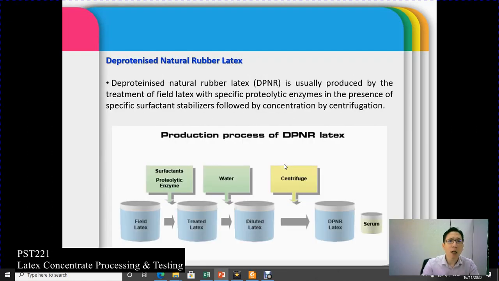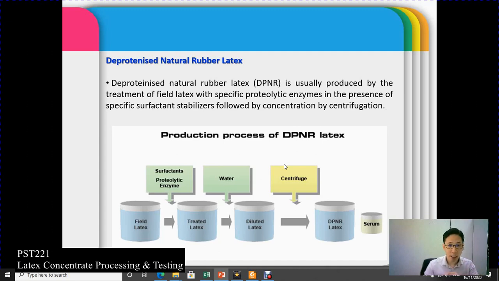Okay, what is the function of deproteinized natural rubber latex actually? Deproteinized natural rubber latex is actually to remove a significant amount of protein in natural rubber. Previously, in last semester or early this semester, I did mention the amounts of protein contained in natural rubber.